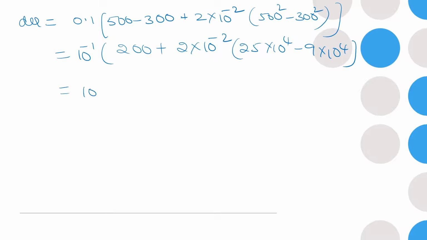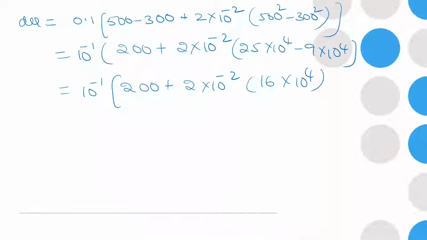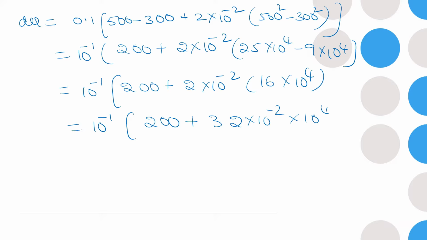So 10 to the power of minus 1 of 200 plus 2 into 10 to the power of minus 2 into 16 into 10 to the power of 4. So this is equal to 10 to the power of minus 1 of 200 plus 32 into 10 to the power of minus 2 into 10 to the power of 4.